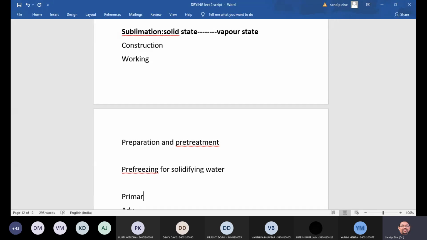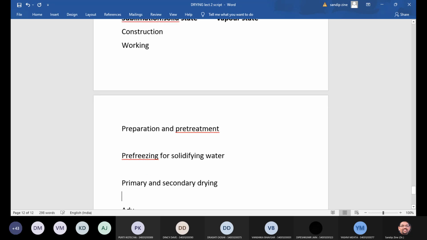Primary drying and secondary drying. And the fourth point is maybe not vacuum over here. You can mention it as packing.